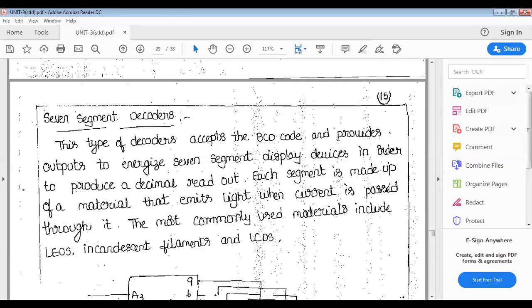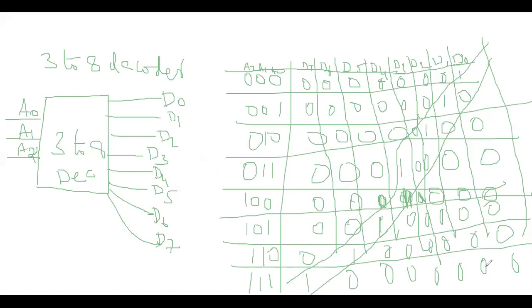Now, in a similar way, let me design another one. How can we design a 3 to 8 decoder using 2 to 4 decoders?